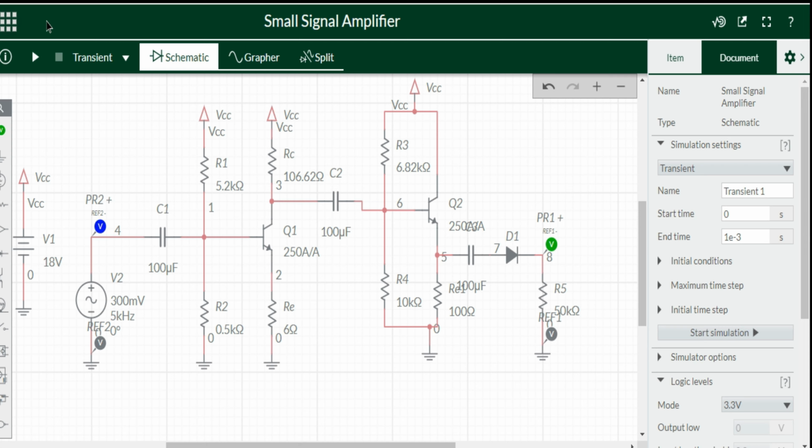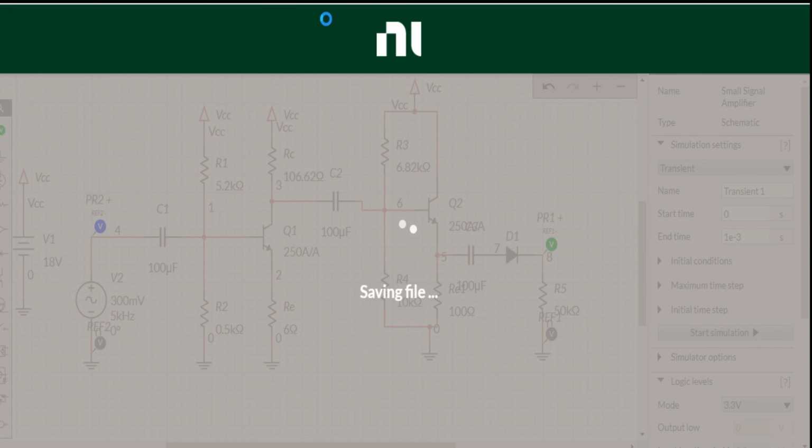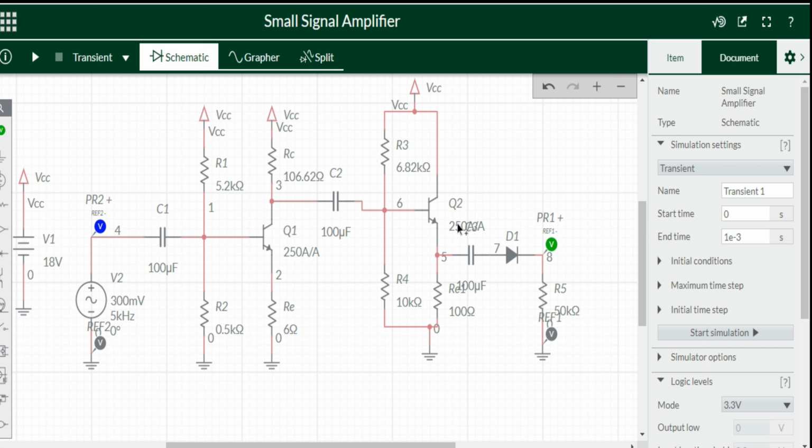This is the simulation I have saved into your account with the name of small signal amplifier. You can access it in your account. The first stage, where my cursor is moving, is the common emitter amplifier stage.